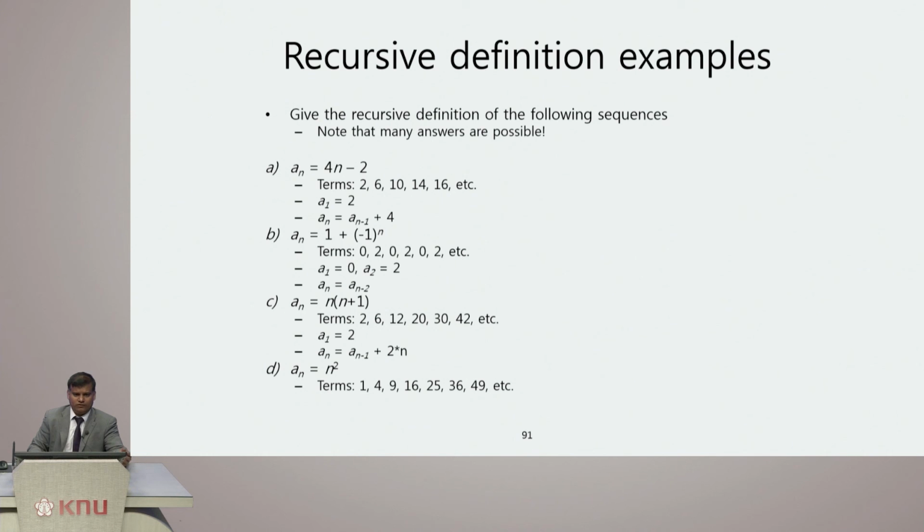So we have 1, 4, 9, 16, and so on for the squares. So a1 is 1 and a sub n equals a sub n minus 1 plus 2n minus 1. So these are some basic, simple examples of recursion.